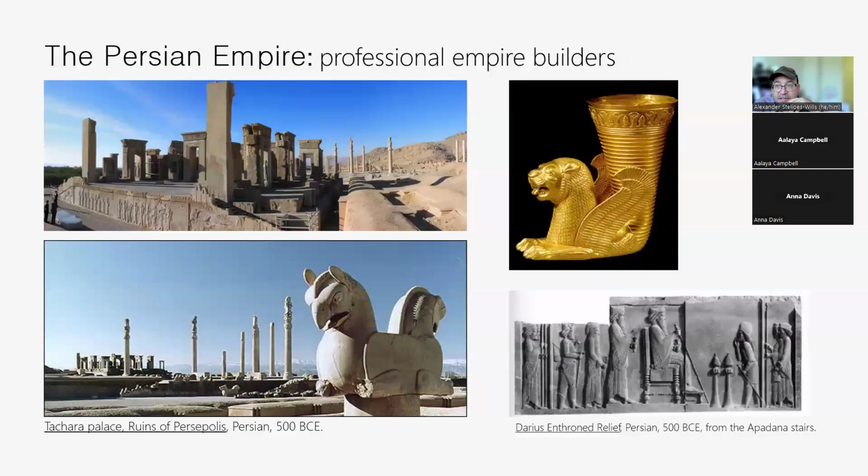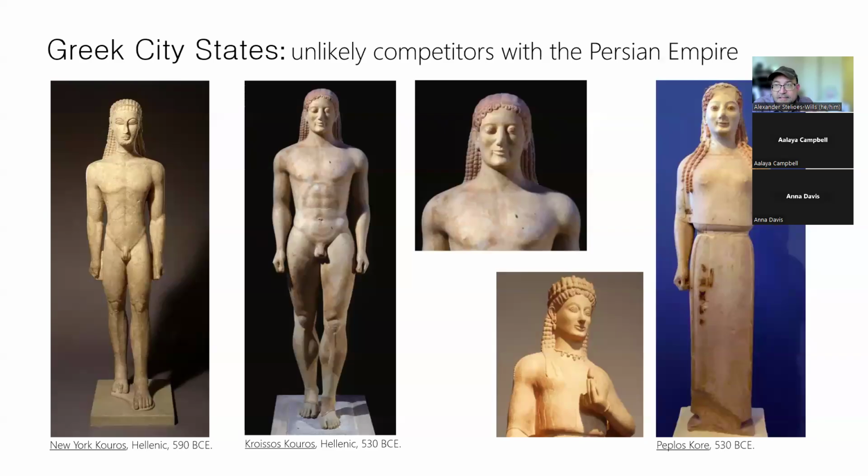For the first three kings of the Persian Empire, it seemed like it was an unstoppable force. It was just going to continue to grow, and everything would be part of this ever-expanding wealth of the Persian Empire. And then something strange happened. Persia tried to invade Greece, and they failed.